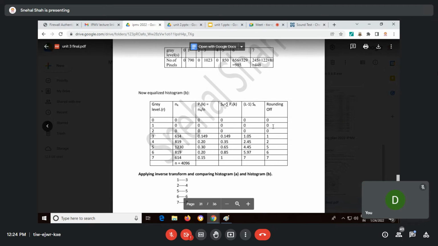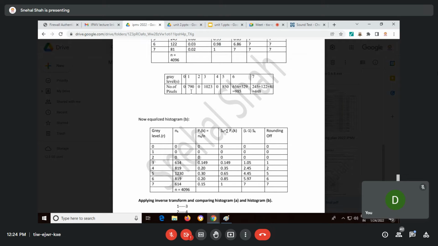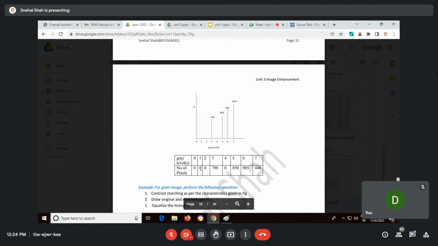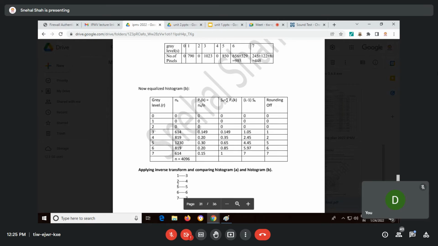For 1 you got the new gray level 0, and you have to check this 0 level in the equalized histogram A table, not the original. Okay, for 1 what did we get? 0. So what is the value for 0 here? It is 0, so again write down the 0 here. Same for the second, again you are getting 0, and the pixels for 0 are 0 in the equalized histogram A, so write down as it is 0. Now for the 3 you will get the 1, you have to check the number of pixels of gray level 1 in equalized histogram A, that is 790. So this 790 value you have to write down for the gray level 3 in the histogram B.